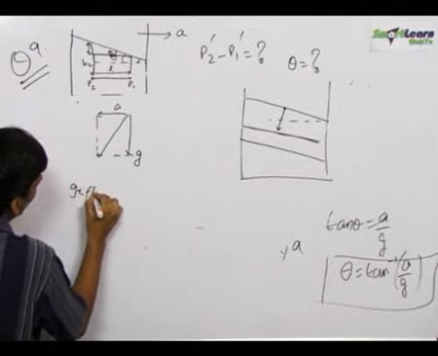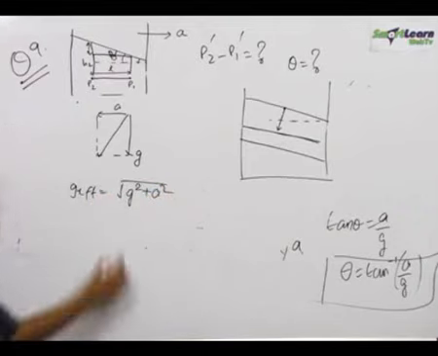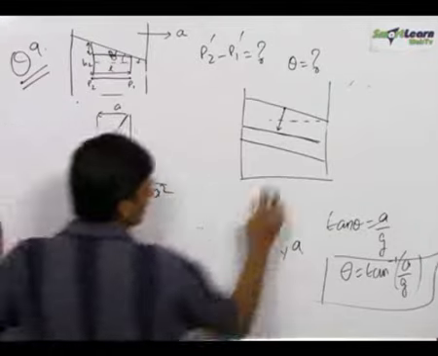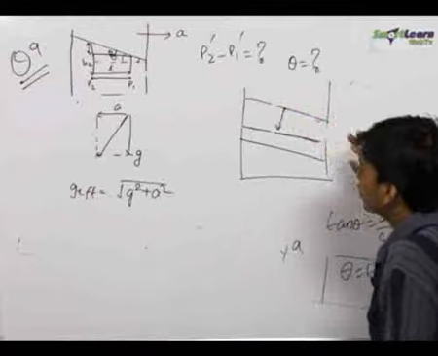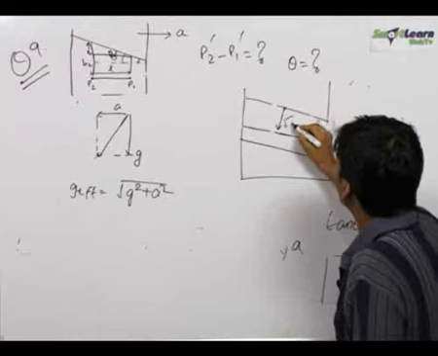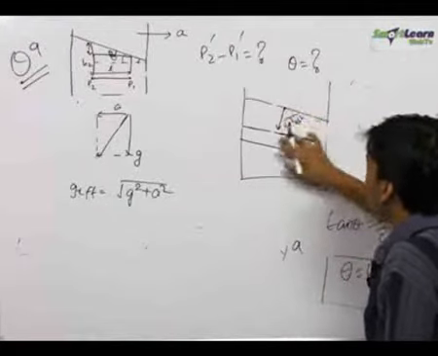So, we always find g effective. G effective was equal to root over g square plus a square, and its direction is found in this fashion. The g effective came out in a direction perpendicular to the surface, and its value is root over g square plus a square. So, we can now apply the old formulas.